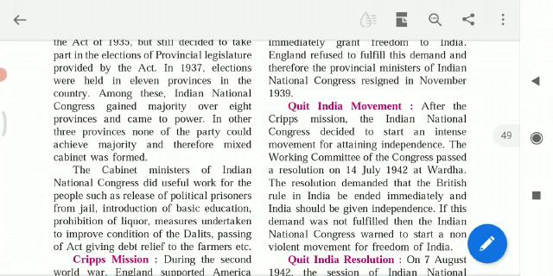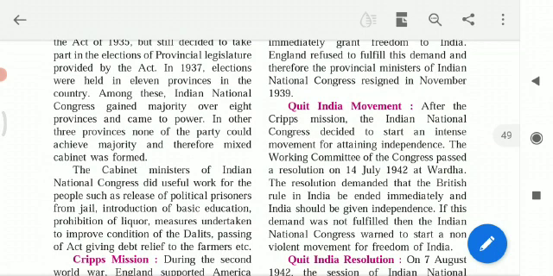The Working Committee of the Congress passed a resolution on 14th July 1942 at Wardha. The resolution demanded that the British rule in India be ended immediately and India should be given independence. If this demand was not fulfilled, the Indian National Congress warned to start a non-violent movement for the freedom of India.